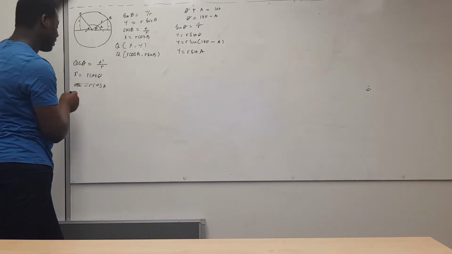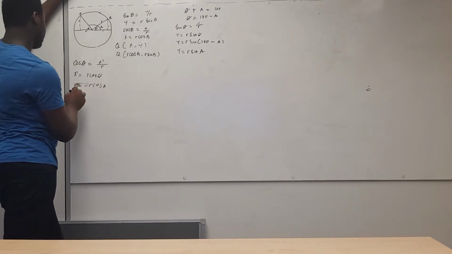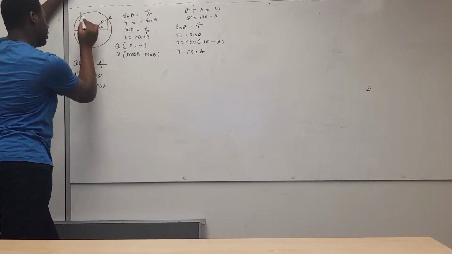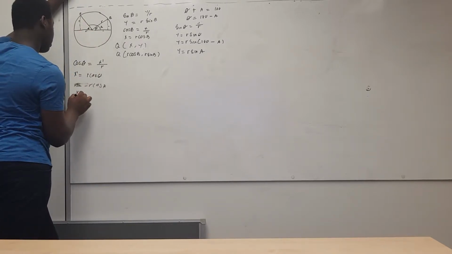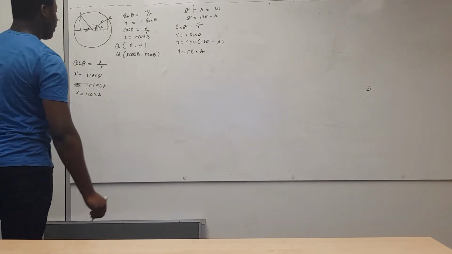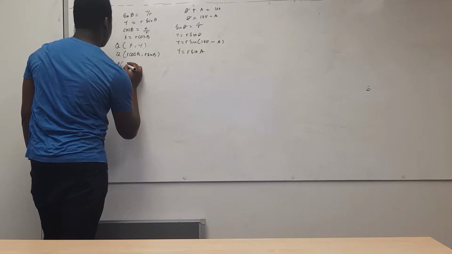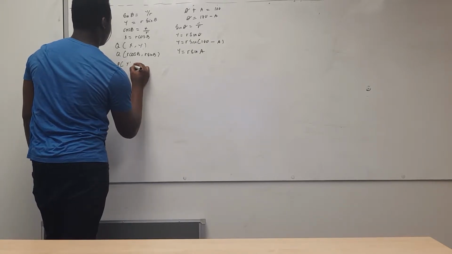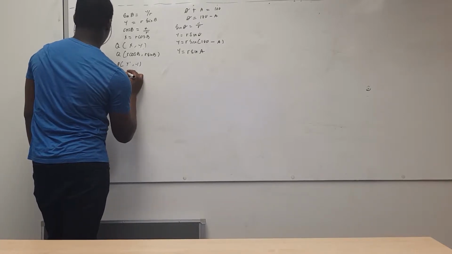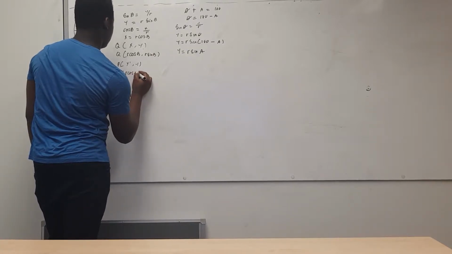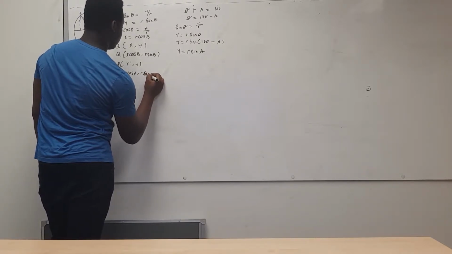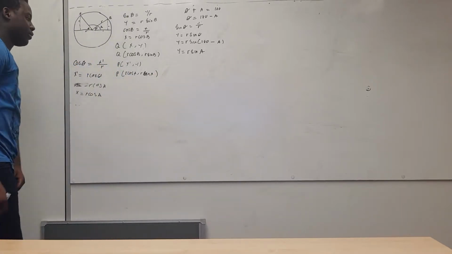Because x prime is negative, it's just going to cancel out. So the x component of this line is going to be r cosine A. So P is given by r cosine A, comma r sine A. Don't know if you get that.